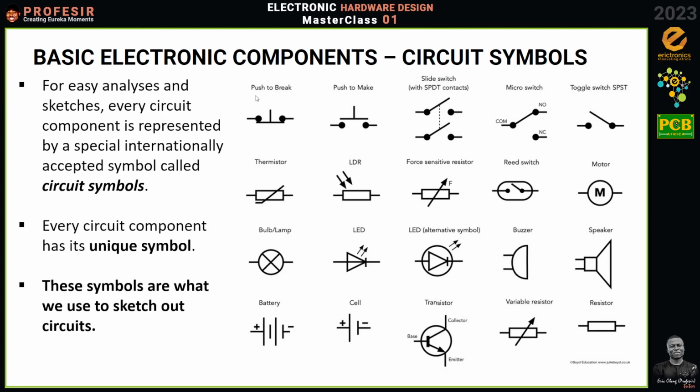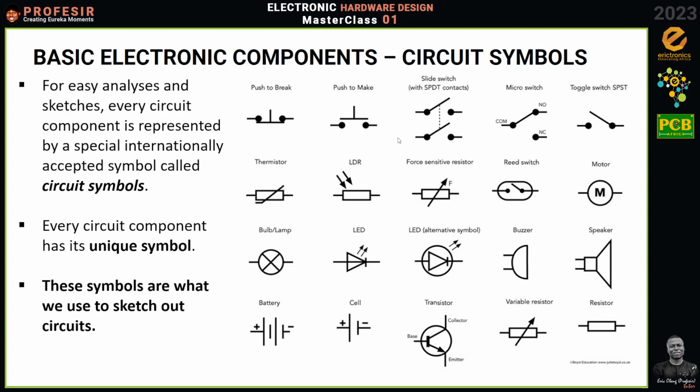Okay, so for instance, there are some switches that by default they connect. We call them normally closed. So by default they are connected. When you want to disconnect them, then you push it. So we call them push to break, and we have what we call push to make. These are the common ones, the push buttons.